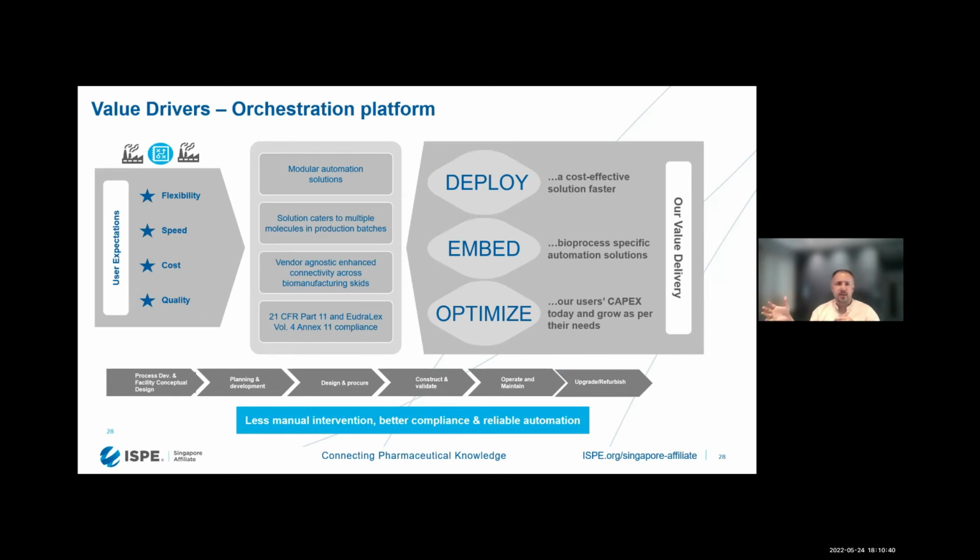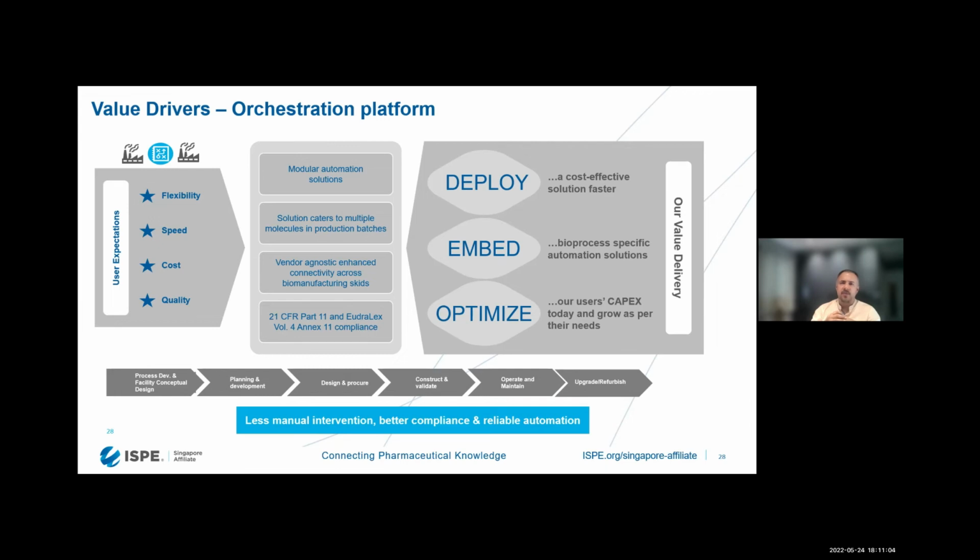The platform that we have, we are coming up with certain strategies where it would be a cost-effective solution, very easy to deploy, faster deployment, and then we want to embed the bioprocess specific automation solutions in your manufacturing facility.